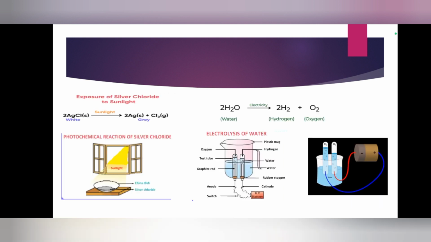Let us see the different ways by which heat energy is absorbed. First one, by sunlight. Silver chloride, which is white in color, when exposed to sunlight, decomposes to form silver and chlorine. Sunlight acts as the heat energy.